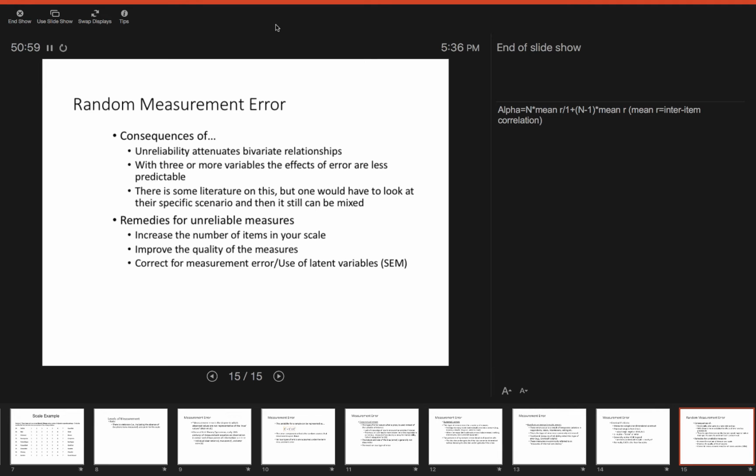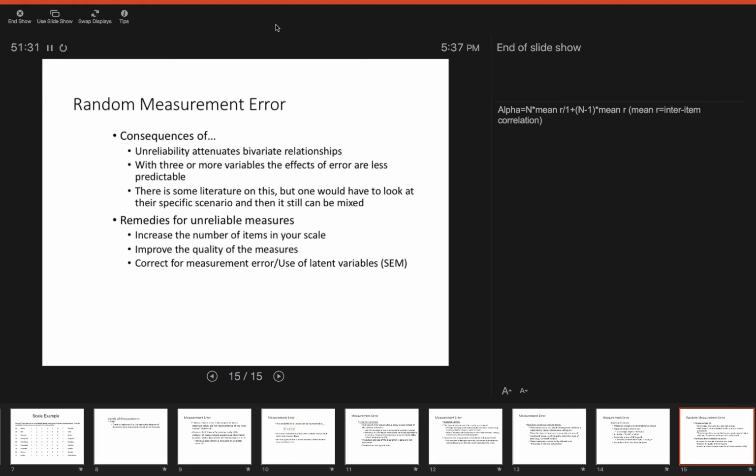So if you have unreliable measures, a couple potential remedies would be, just the way Cronbach's alpha works, if you have 3 items, all things being equal, if you add a 4th item, your Cronbach's alpha is going to go up. Or if you add a 5th, it's going to go up some more. Or if you add a 6th, it's going to go up some more. So it seems a little disingenuous: let me just add another question to my data.